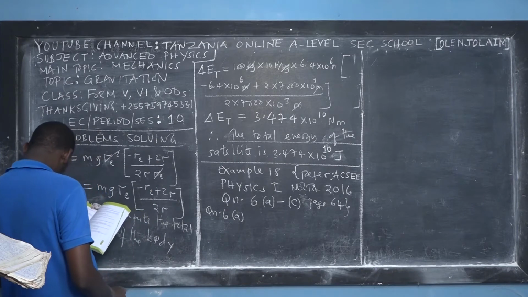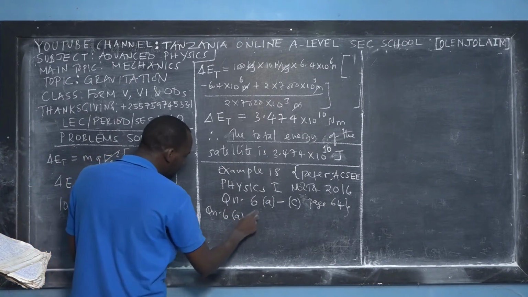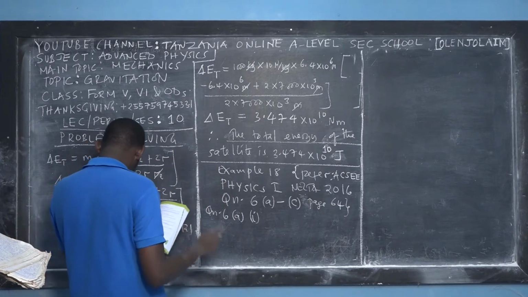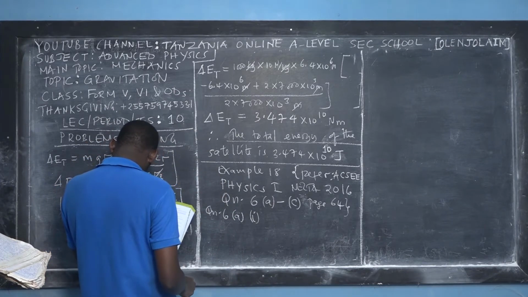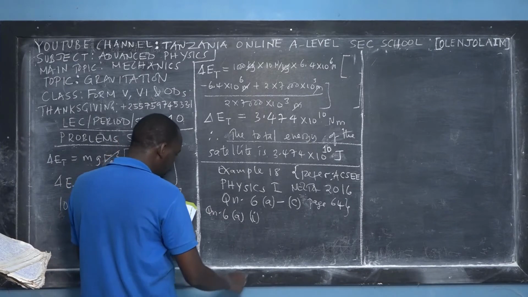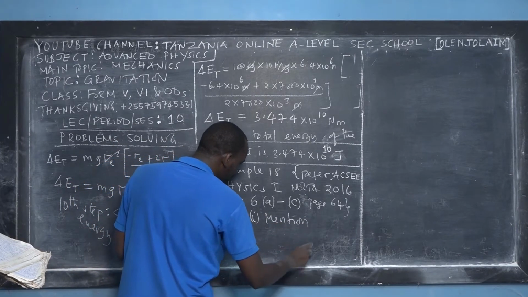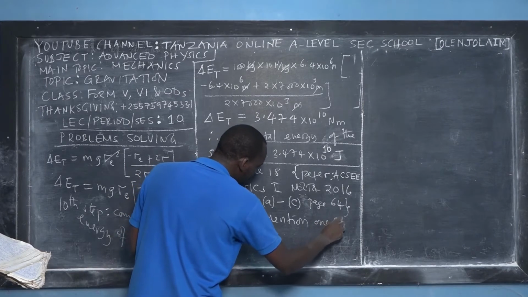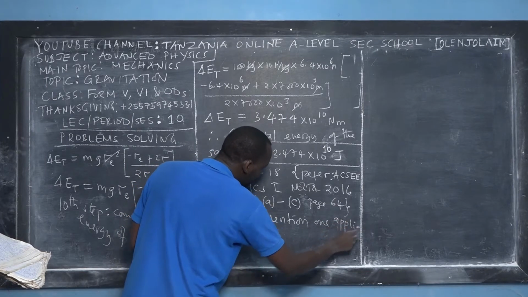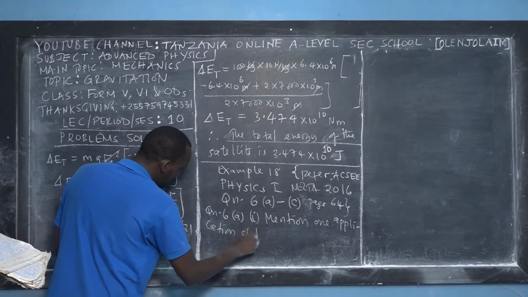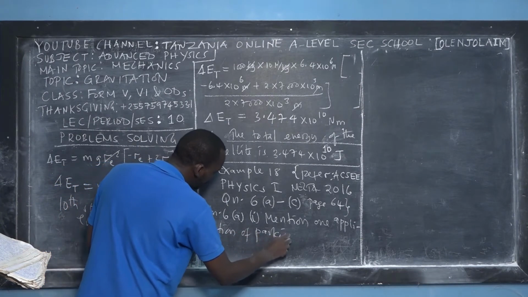The question says Roman 1. Total marks is 10. Remember that. So it asks, mention one application of parking orbit.